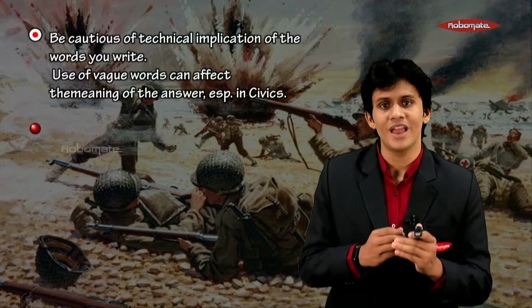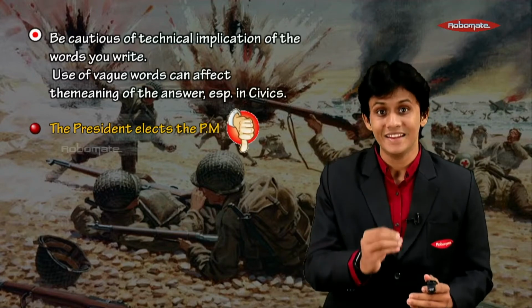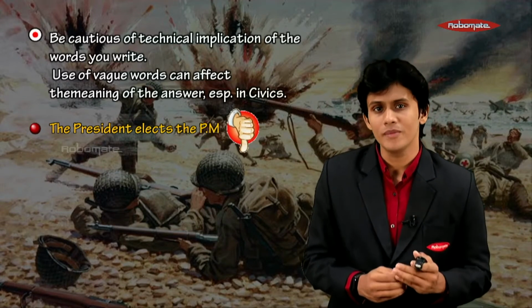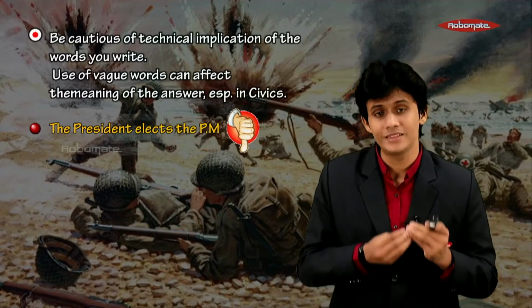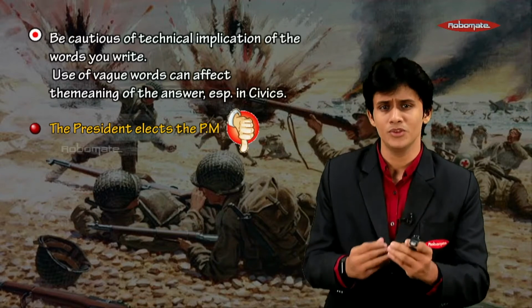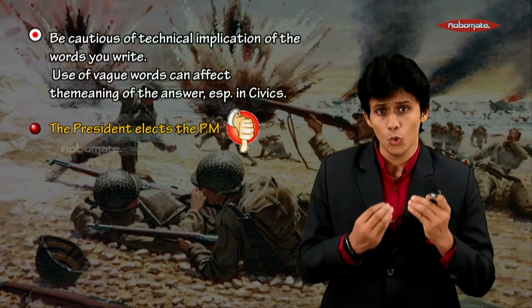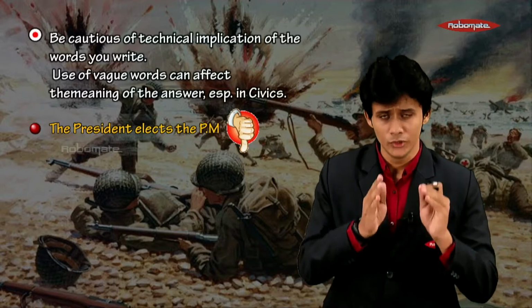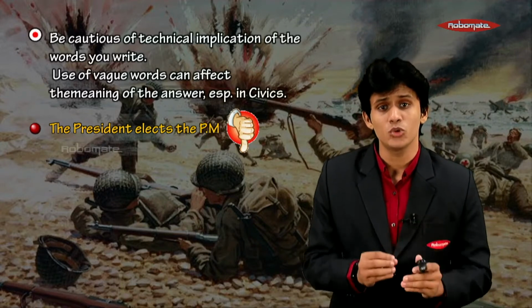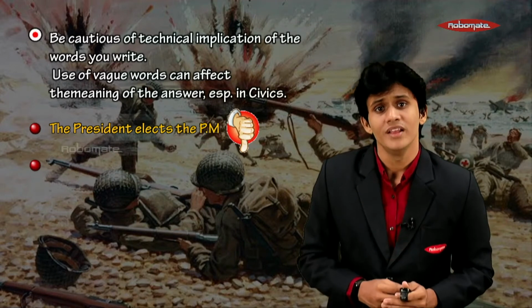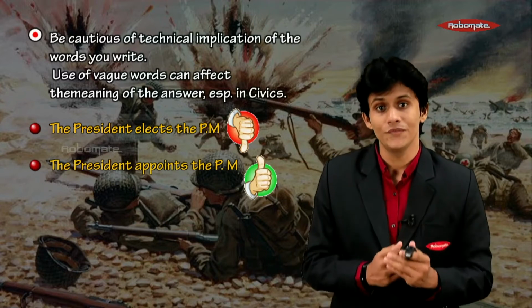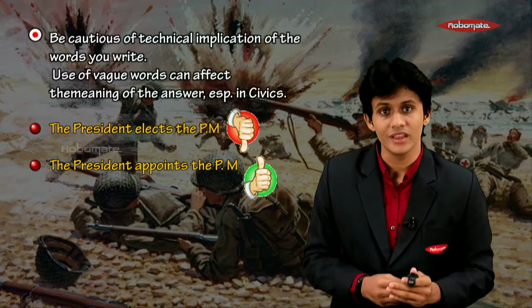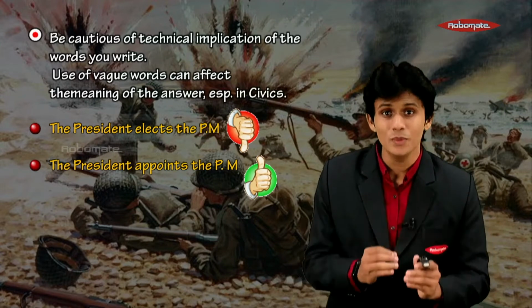Say for example, we have a statement here, the president elects the PM. Now at the back of your mind, your thoughts might be, yes, this statement is correct, wherein we all know that the president makes the prime minister sign and gives him permission, gives him power, and the prime minister takes oath in front of the president. All these stories, true. But the actual word that is required here is that the president appoints the prime minister. So there's a huge difference in the entire statement and its meaning when you change those words. So you need to be extremely careful when you're writing your paper.